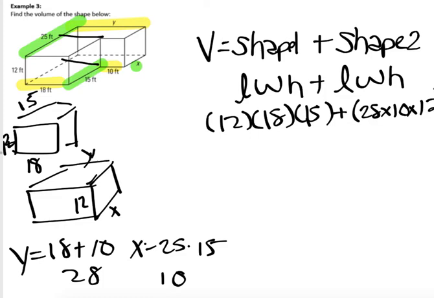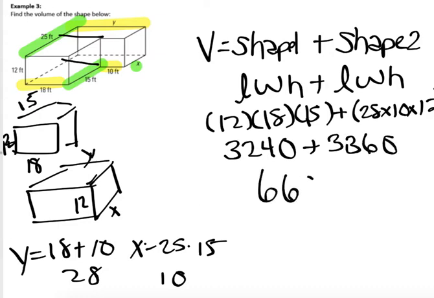Now I can multiply these out, and I should get for shape 1, 3,240, and for shape 2, 3,360. Add them all together, I get 6,600 feet cubed. Don't forget, it is feet cubed. Okay?